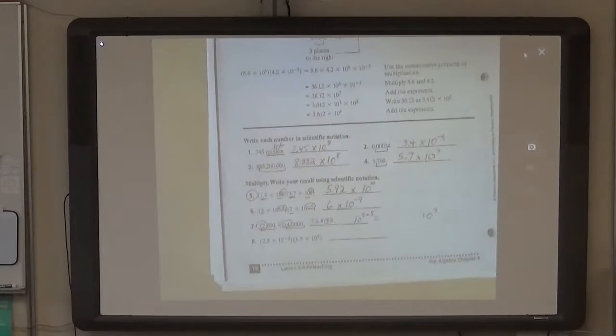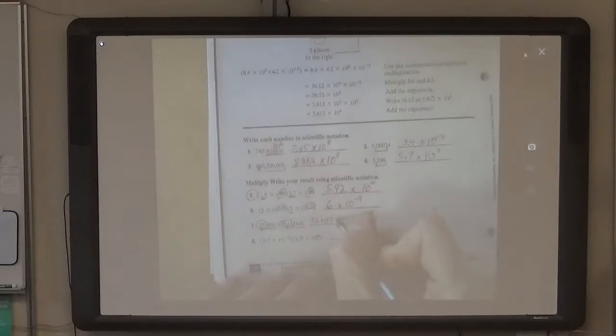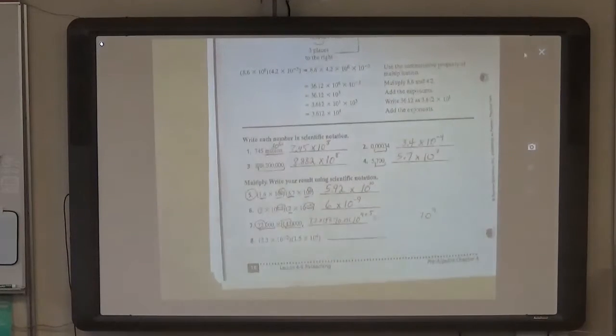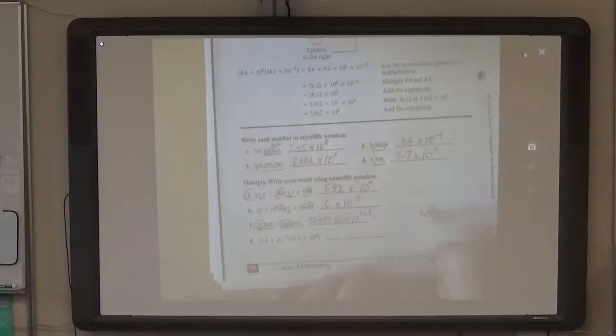Type it in. 10.296. Okay, 10.296. Then move the decimal place over one more place. And that's going to change it from 10 to the 9th to 10 to the 10th.